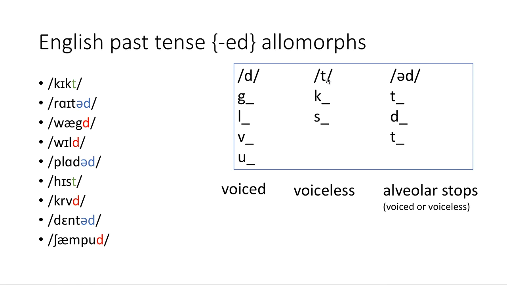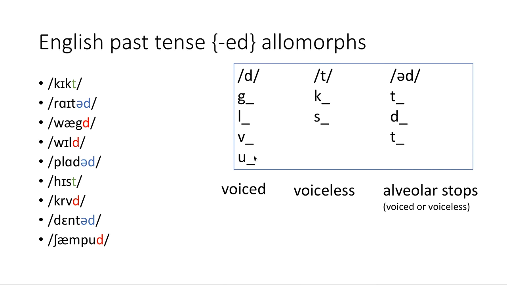And then we get the t voiceless after, no surprise, voiceless consonants, right? Kicked, hissed, right? And then we get the voiced stop after voiced sounds, whether those are consonants or, again, vowels, shampooed, because all vowels are voiced in English.